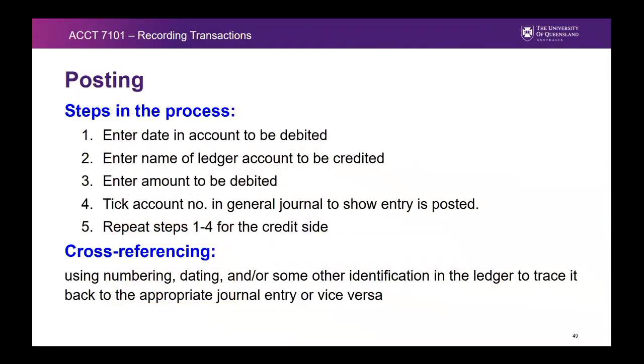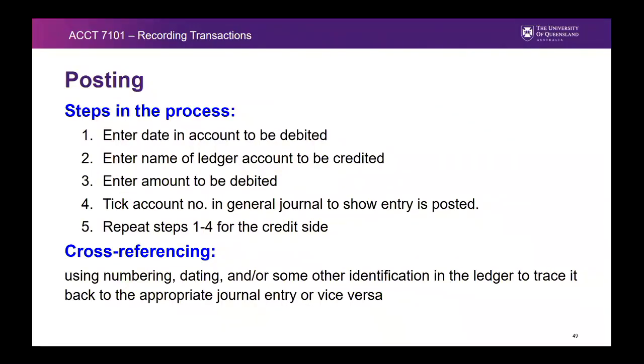So the process is called posting. We take the information from the journal entry and we put it into the ledger for that account. So for every journal, we'll do it twice. We have two accounts, so we'll post the information from the debit to the account on the debit side.